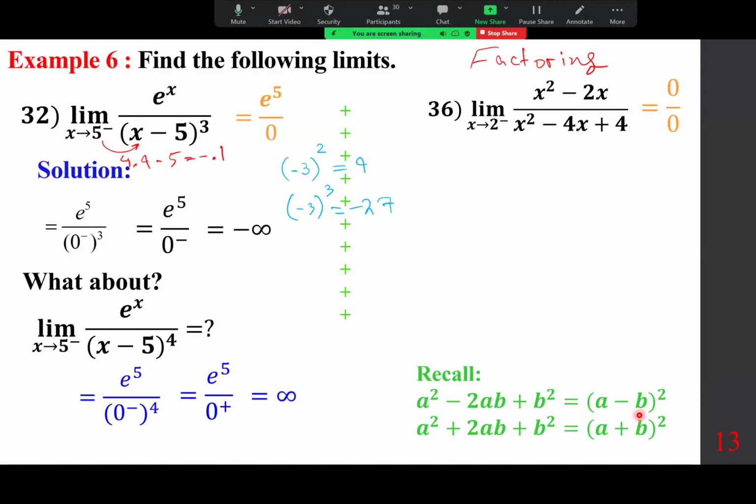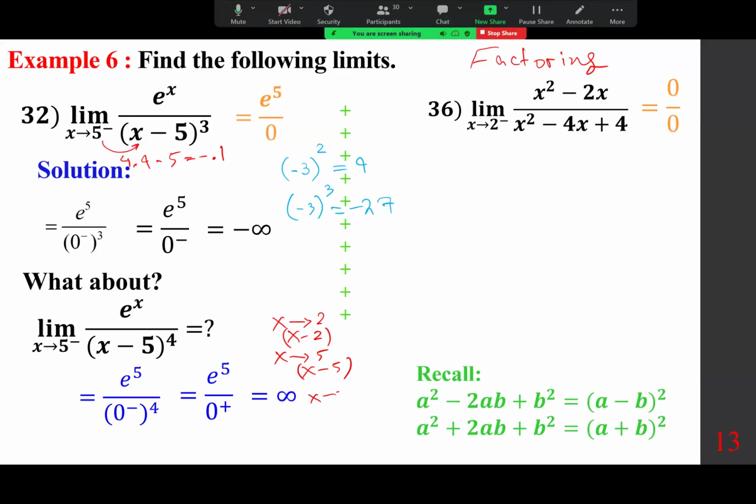However, if you look at the fact that x is approaching 2 from the left, of course, and it gives you 0, it's important to pay attention to the following. If x approaches 2, you should have a factor of x minus 2. If x approaches 5, you should have a factor of x minus 5.